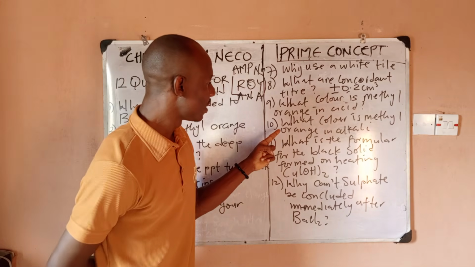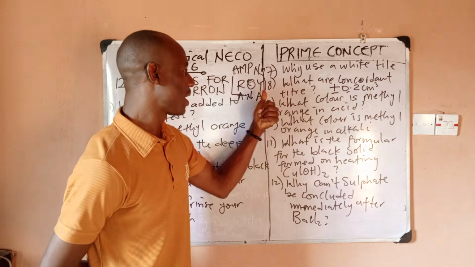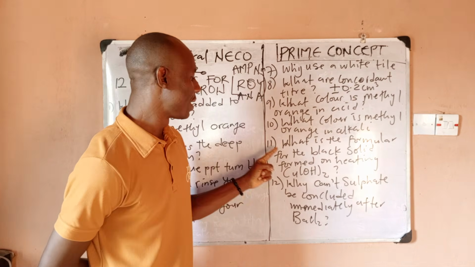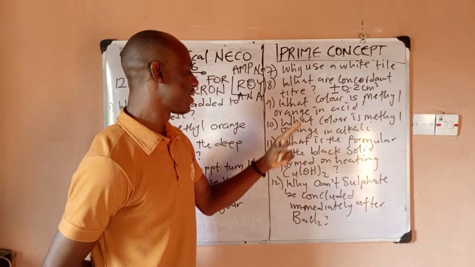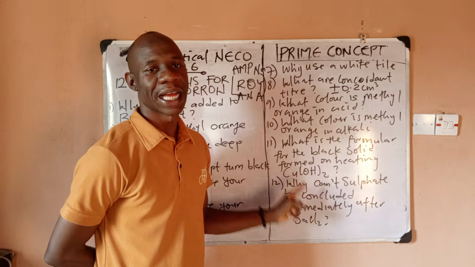Now, the next question, they said, what color is methyl orange in alkali? We have answered it. It is yellow in alkali. Question number 11, what is the formula for the black solid formed on heating copper hydroxide?